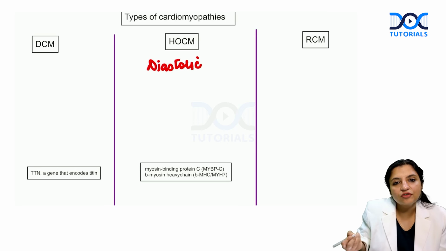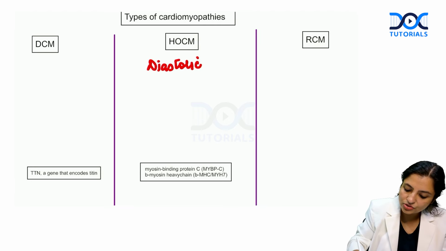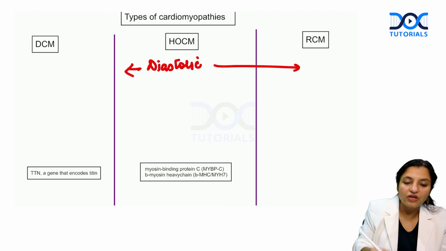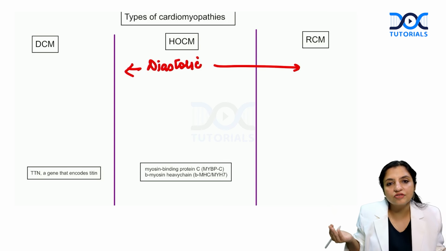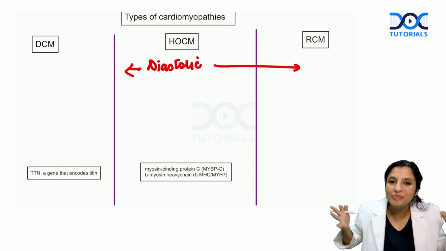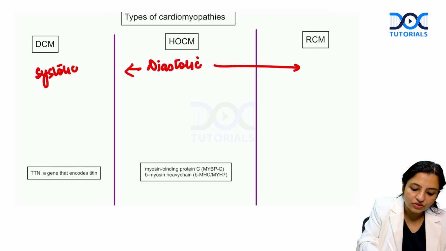In restrictive, something enters the cardiac muscle fiber, so the heart is not able to relax, so it is also a diastolic dysfunction. Whereas in dilated cardiomyopathy, the heart is abnormally dilated, and because of this it cannot beat properly, so it is a systolic dysfunction.